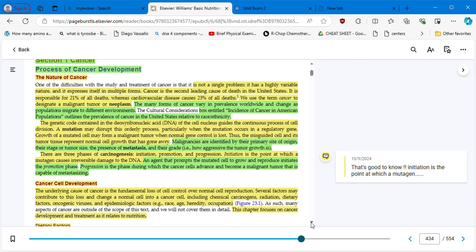We use the term cancer to designate a malignant tumor or neoplasm, right? The many forms of cancer vary in prevalence worldwide and change as populations migrate to different environments.